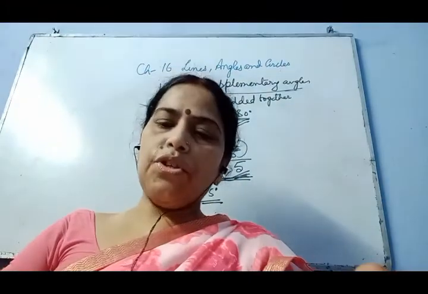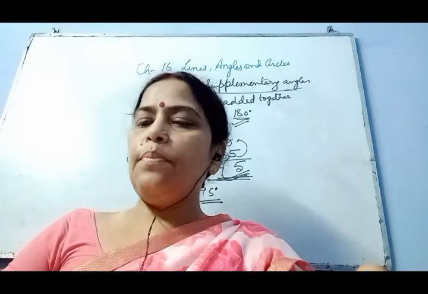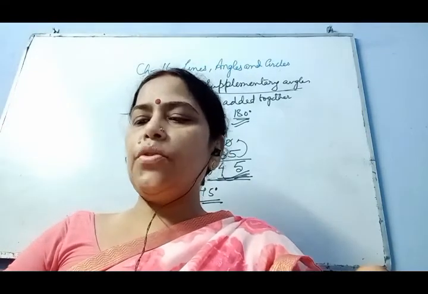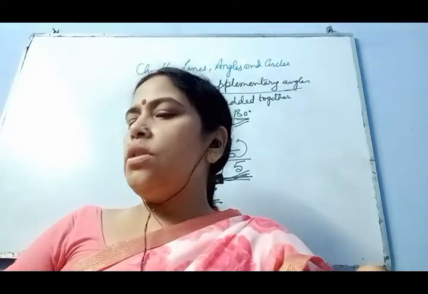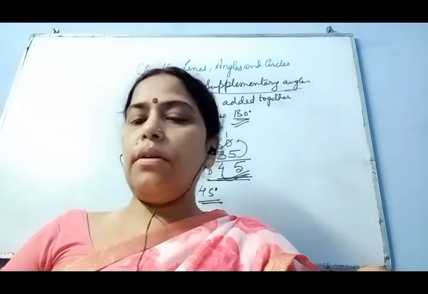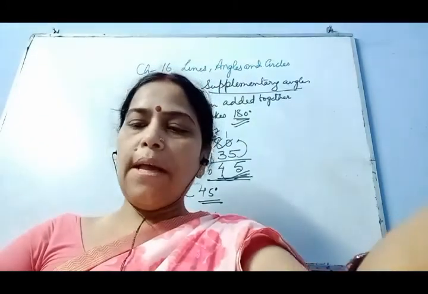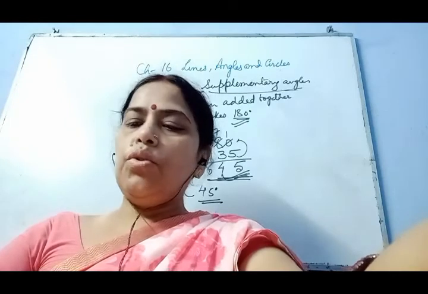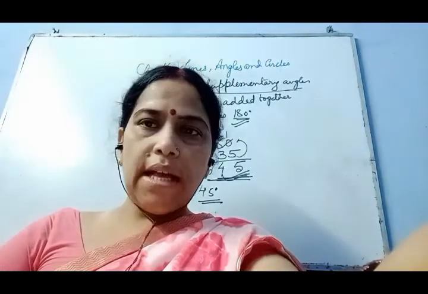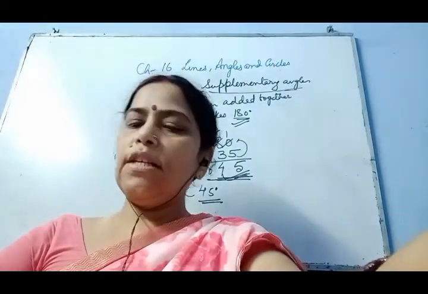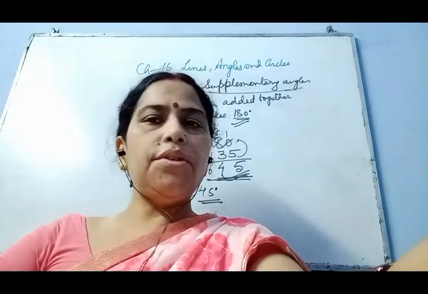Now in these questions, choose the pair of supplementary angles. In question number 8 it has been given, choose the pair of complementary angles, and in question number 9 it has been given, choose the pair of supplementary angles.